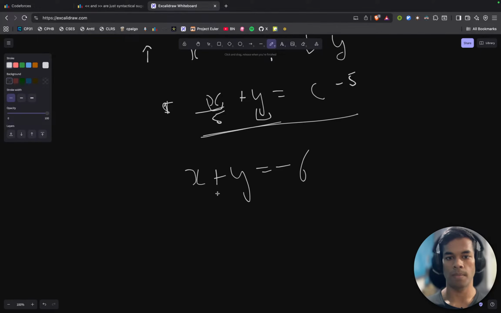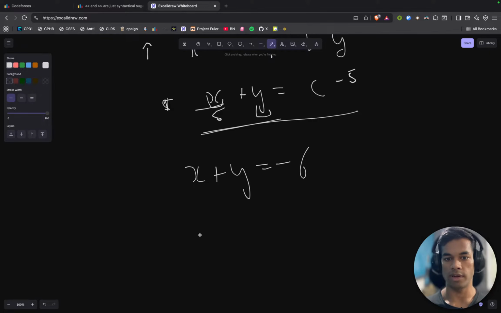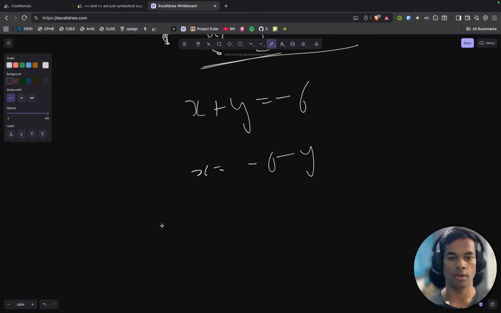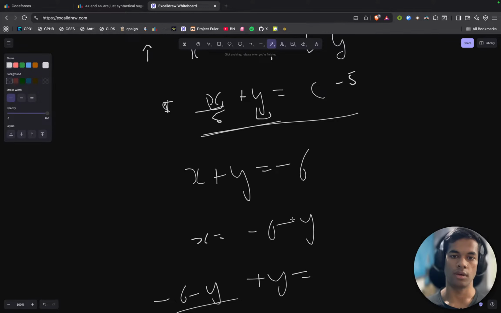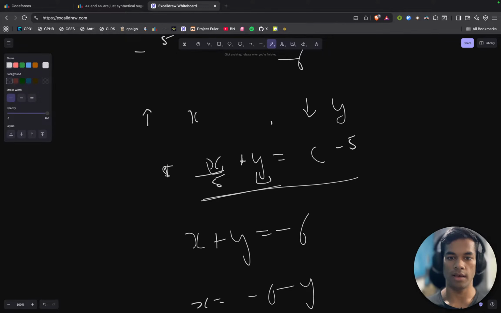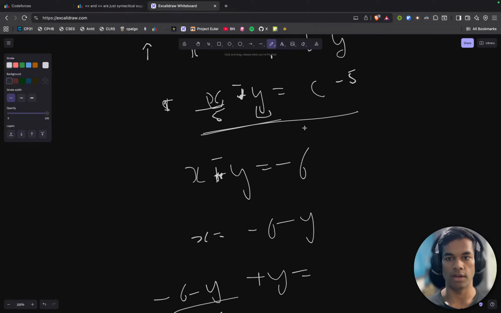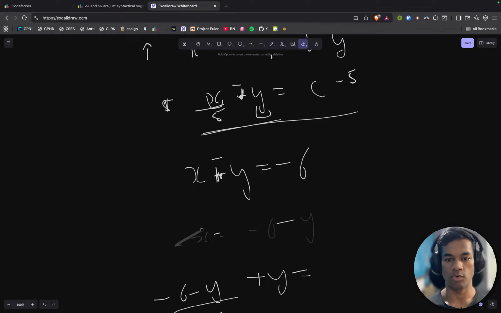Let's see. x plus y equals -6, so x equals -6 minus y, and here plug in x. So -6 minus y divided by 5 plus y equals, wait. Y here has to be negative, and here also y has to be negative. That makes more sense.